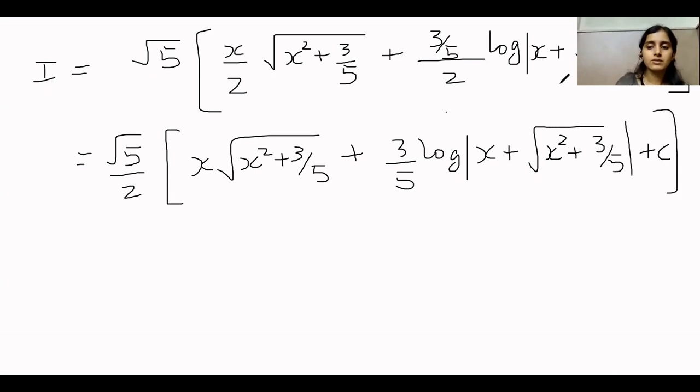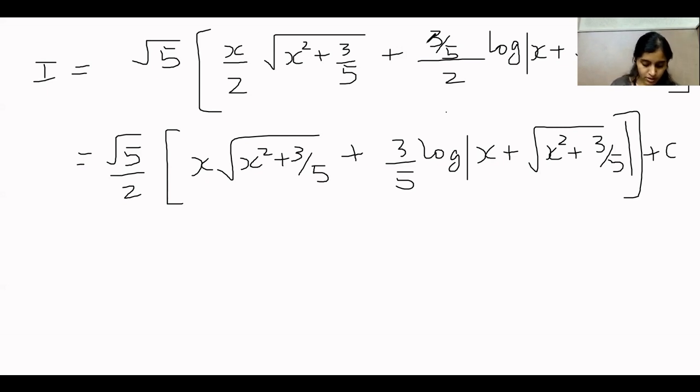The constant term c can go outside the bracket. Now that's your final answer for question number 4, exercise 3.3, the second part.